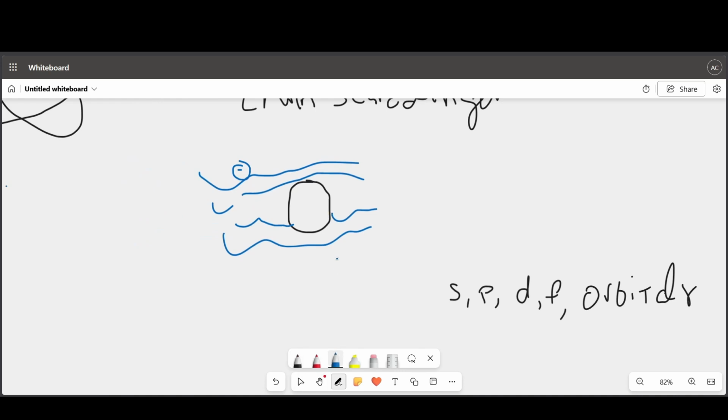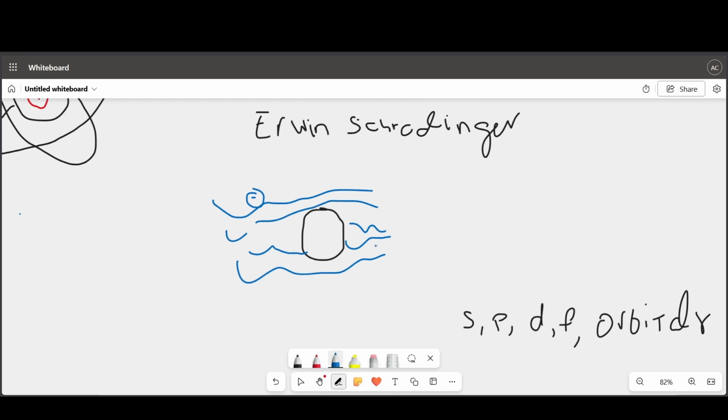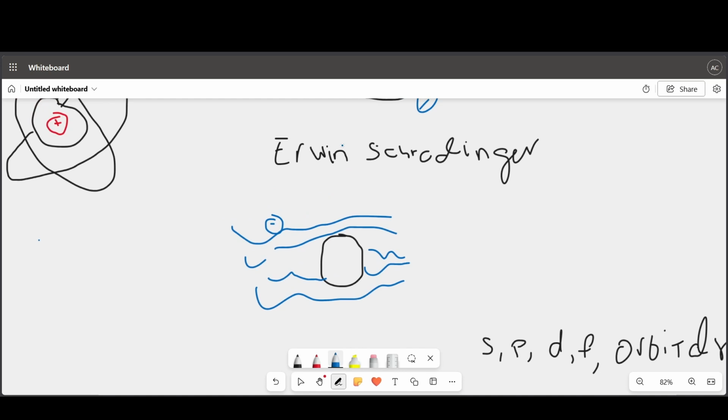Okay, let's get right back to the topic. Erwin Schrödinger proposed that the electrons move in a wave-like manner around the nucleus.